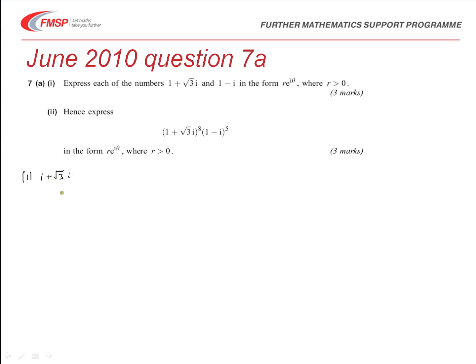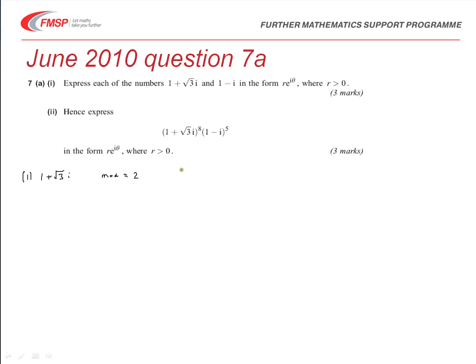So the first number, 1 plus root 3i, we know that its modulus is going to be equal to 1 squared plus root 3 squared, square rooted, which is going to give us 3 plus 1, 4, root 4, 2.